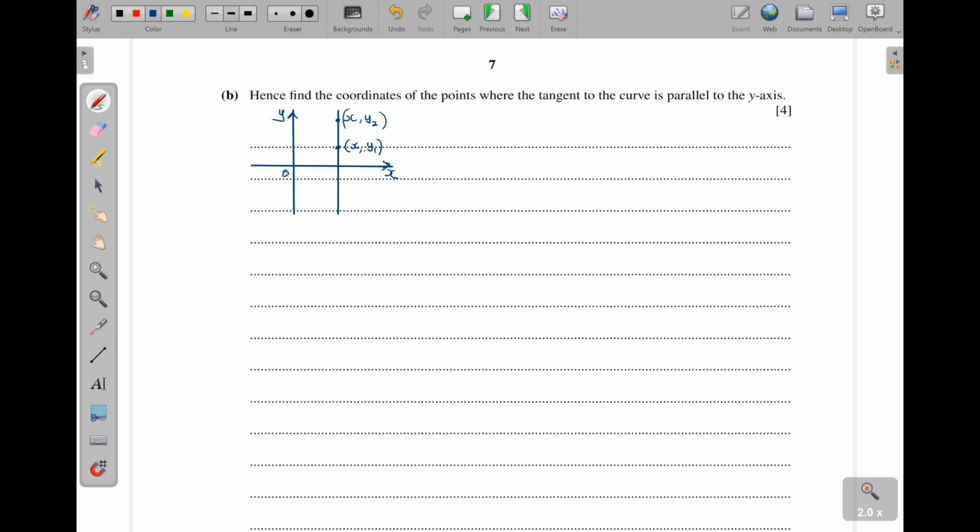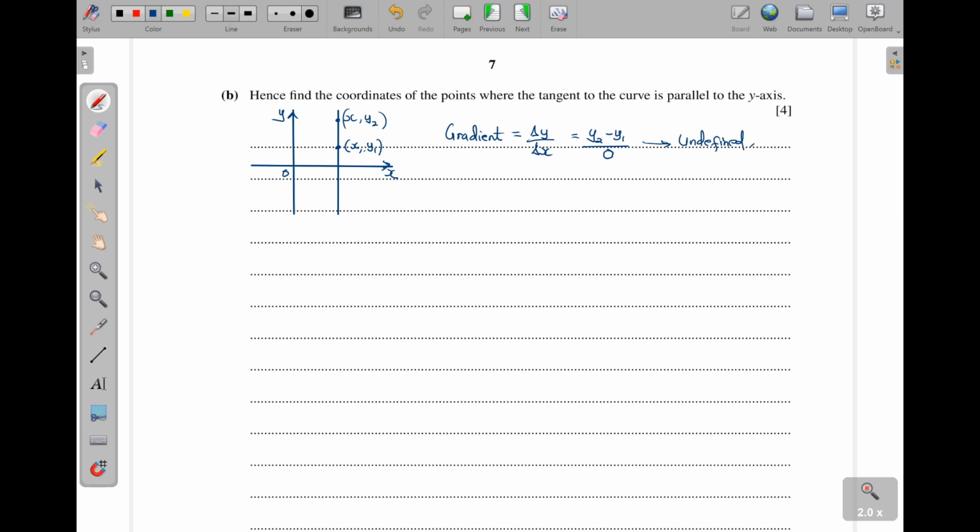Now when we are getting the gradient, remember, it is the change in y over the change in x. The change in y is there because y2 is different from y1, but the change in x is 0, so the gradient is undefined.